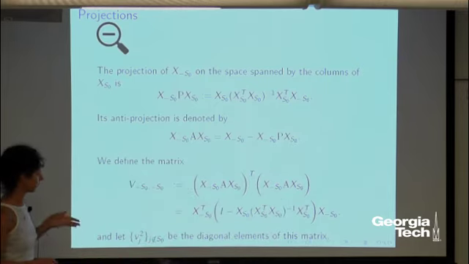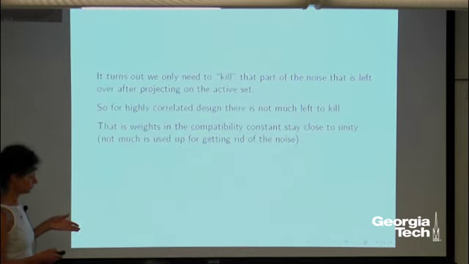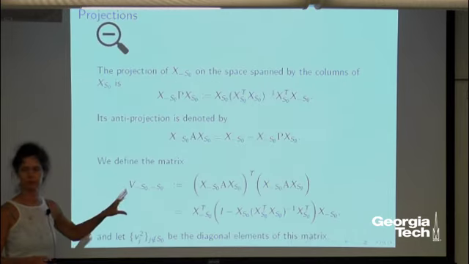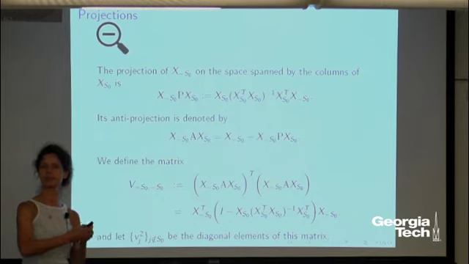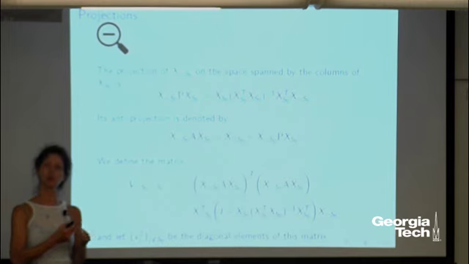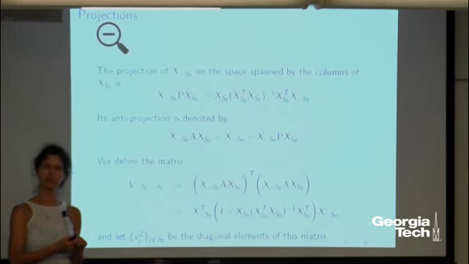Very clever. It says, okay, all you have to do is somehow kill the noise. Why do you use a penalty in the noisy case? That's because there's noise. And somehow this penalty has to get rid of the noise. And the amount of noise it has to kill is less if you have higher correlations.